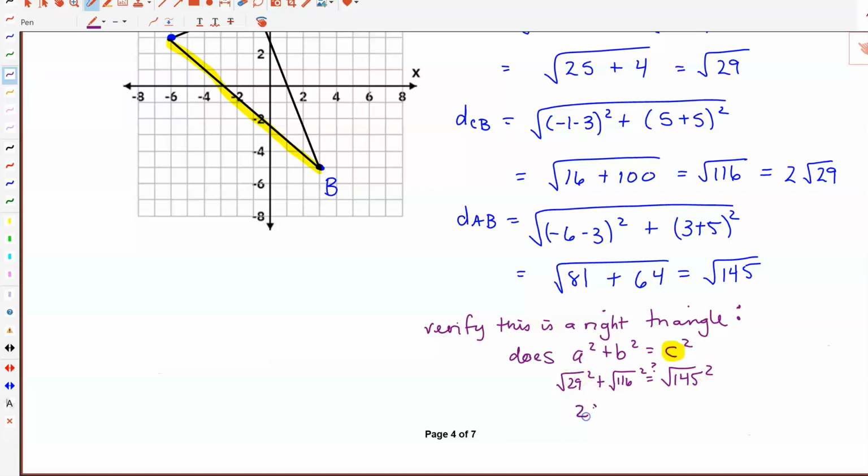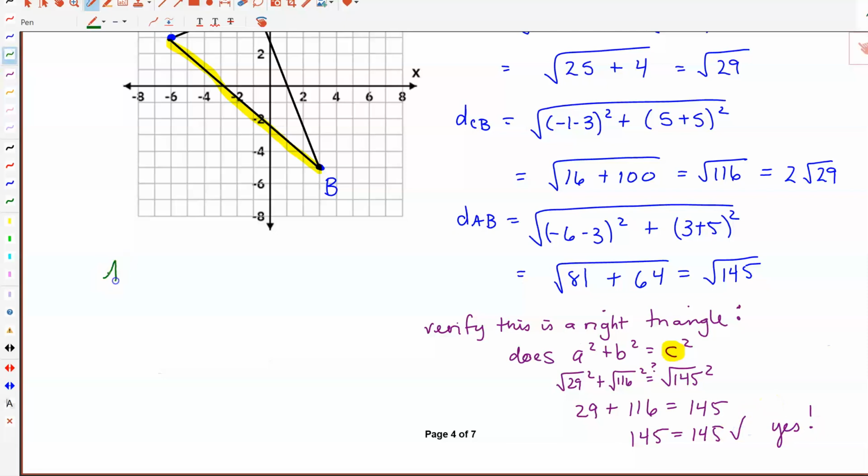So the square roots and square root cancel, and so I'll be left with 29 plus 116 is equal to 145. Is that a true statement? And you will find out if you add 29 plus 116. Yep, you betcha. I get 145 is equal to 145. So this indeed is a right triangle that satisfies the Pythagorean Theorem.